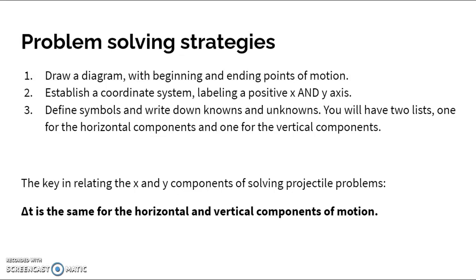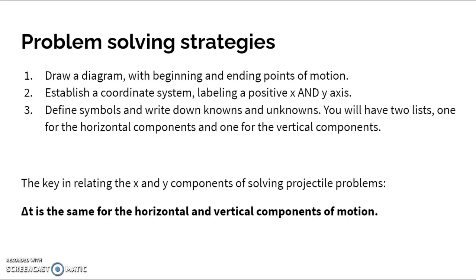So we are going to have 2 lists now, one for the horizontal components and one for the vertical components. I like to list that as horizontal stuff and vertical stuff. So we're dealing with basically kinematics, but rather than just 1 dimension, 2. It's not anything more difficult than what we've done. It's just another step.